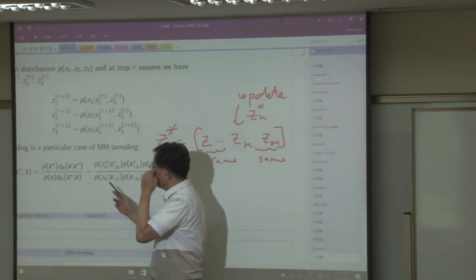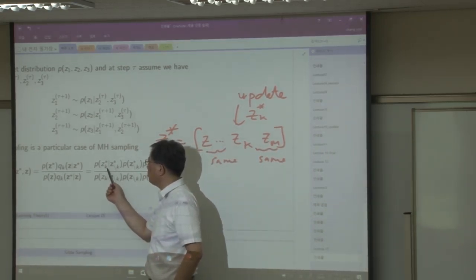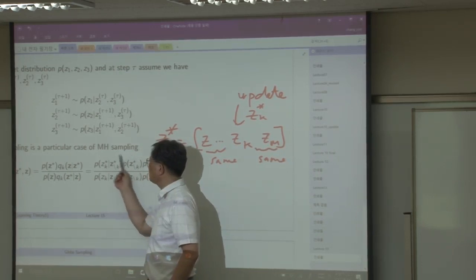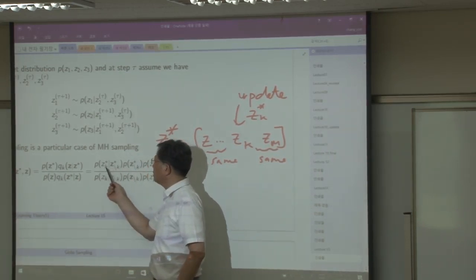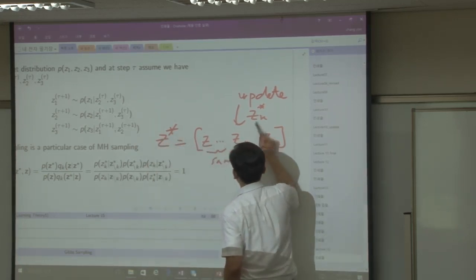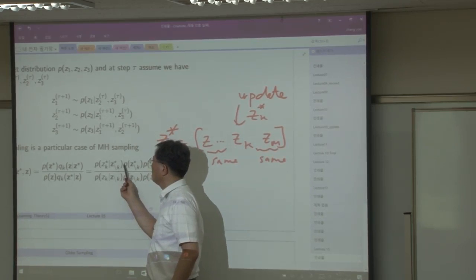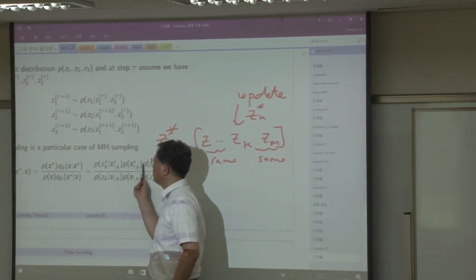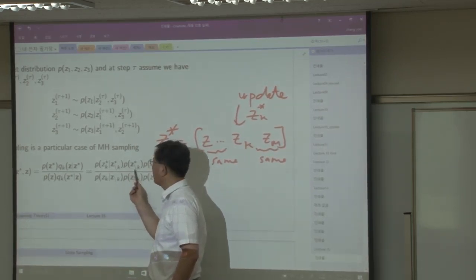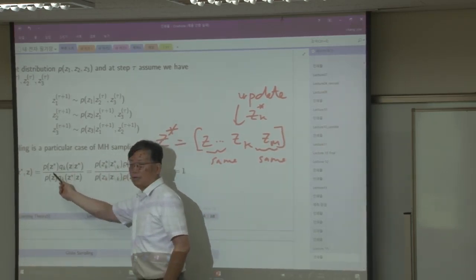So I've written this notation. I've split this up into two things: the conditional probability of the kth element given the rest, times the probability of the rest. This represents this joint probability. Right?